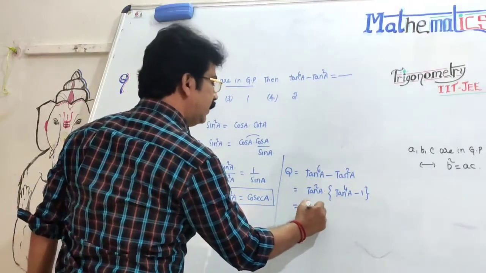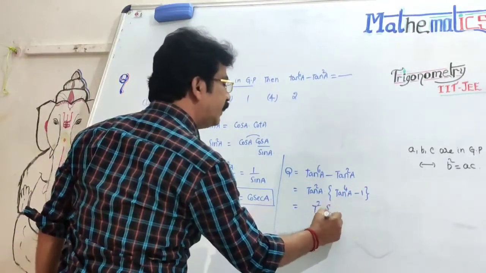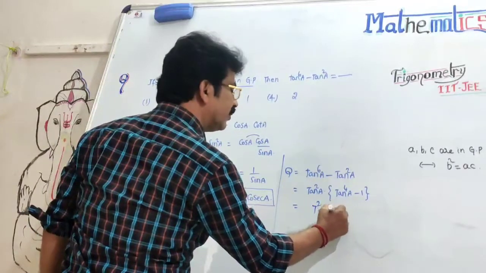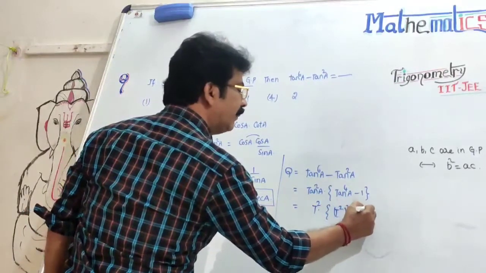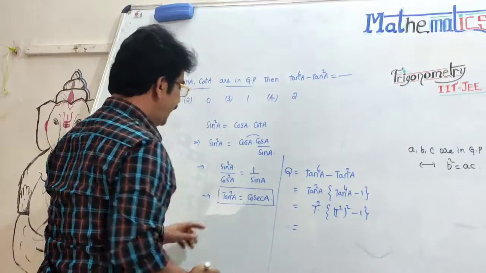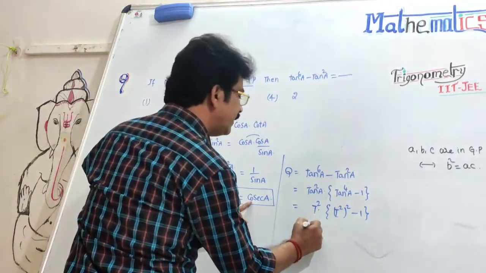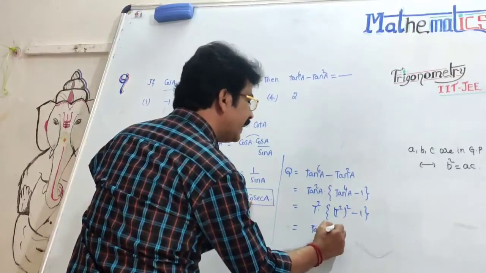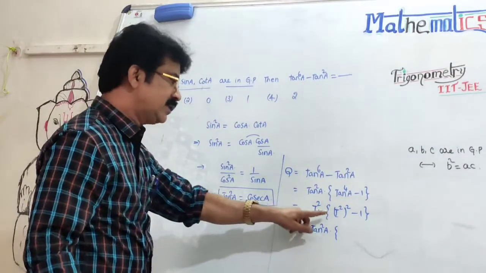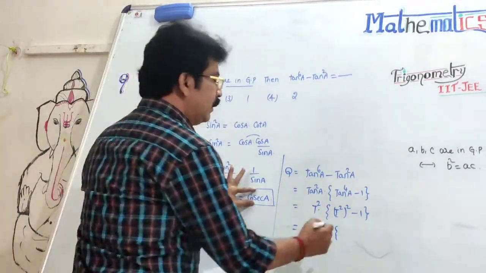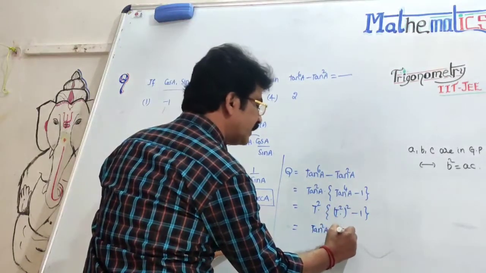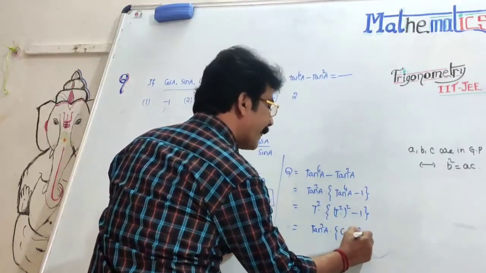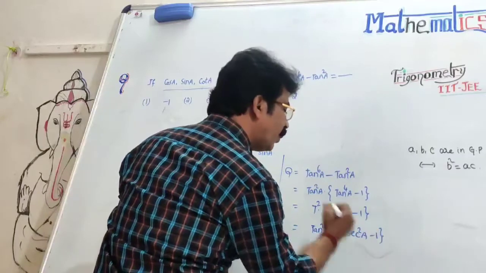That is equal to tan square a into tan square whole square minus 1. Tan square a is what? Cosecant a. Okay, I will put the same. It is tan square a into, tan square a is what? Cosecant a, cosecant a whole square. Cosecant square a minus 1.